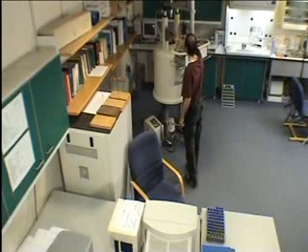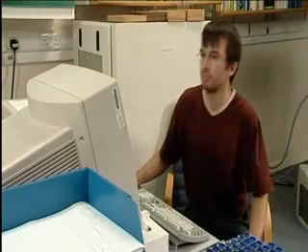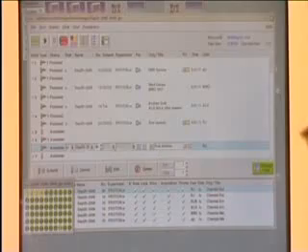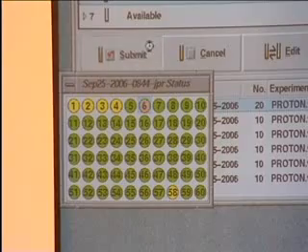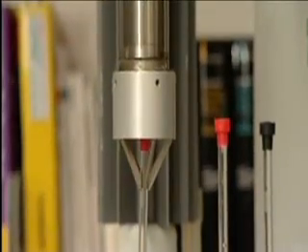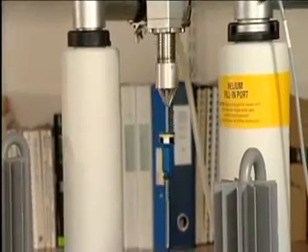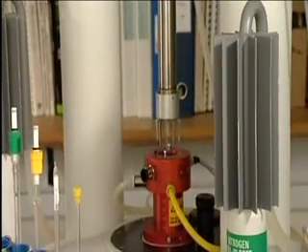The operator places the sample in the auto-changer and tells the computer the identity of the sample and which position in the carousel it is in. The auto-changer selects the correct sample and places it in the instrument. The sample is lowered gently into the probe on a cushion of nitrogen so that it sits in the centre of the magnetic field and the radio coils.